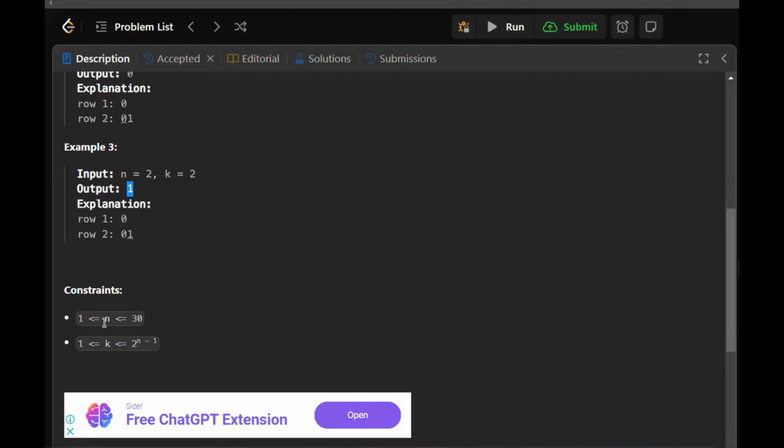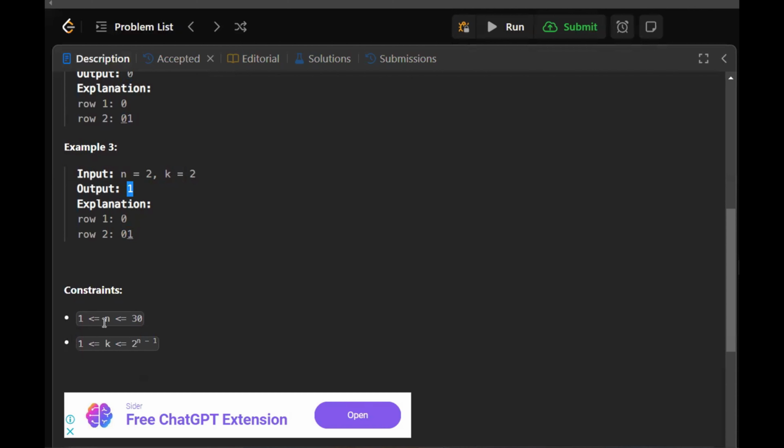For the fifth row, 0 will be 0, 1, 1 will be 1, 0, 1 will be 1, 0, 0 will be 0, 1, 1 will be 1, 0, this 0 will be 0, 1, this 0 will be 0, 1, and this 1 will be 1, 0.